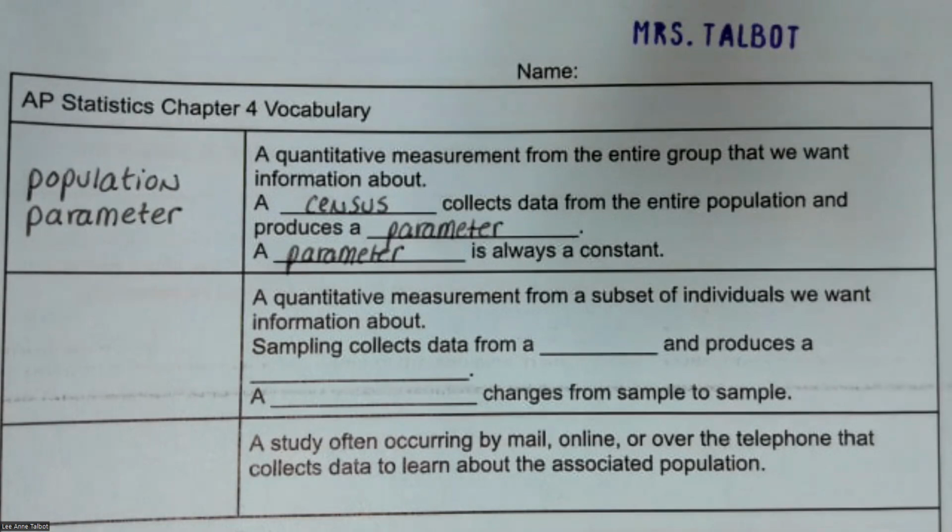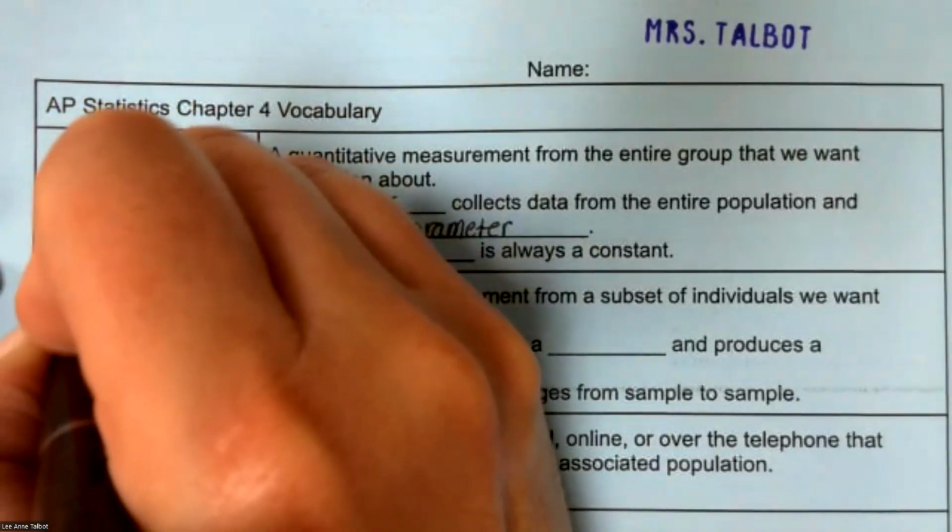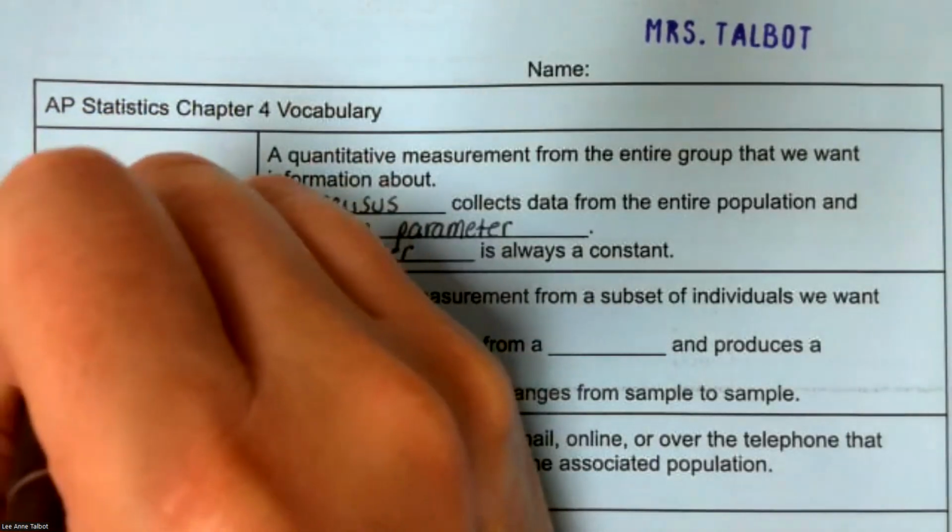I could just ask all of you guys and that would be it. But it's not very easy to get a census when your population is very big, so we don't get to do that very often. Most of the time we don't have a parameter value. Instead, we have a sample statistic.